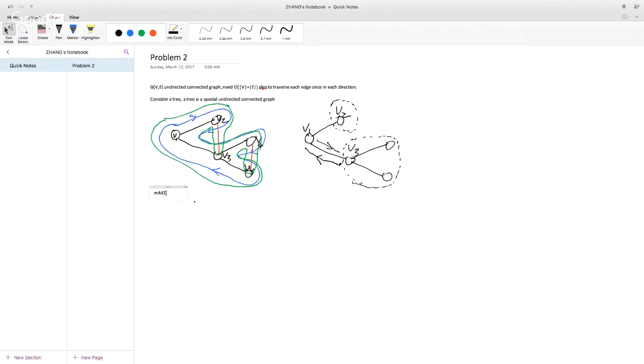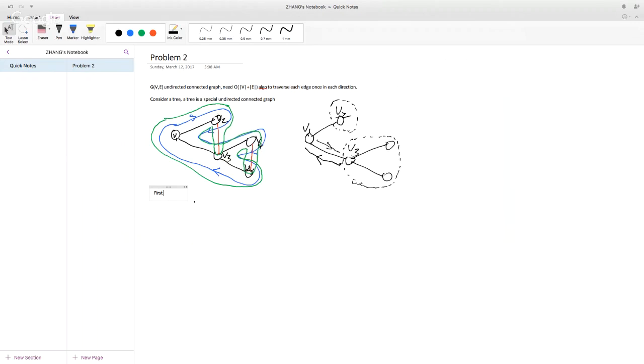Call this algorithm make path, and start with U, any node picked. Oh, I forgot. We need to first generate a tree from the graph. Notice it's actually a spanning tree.